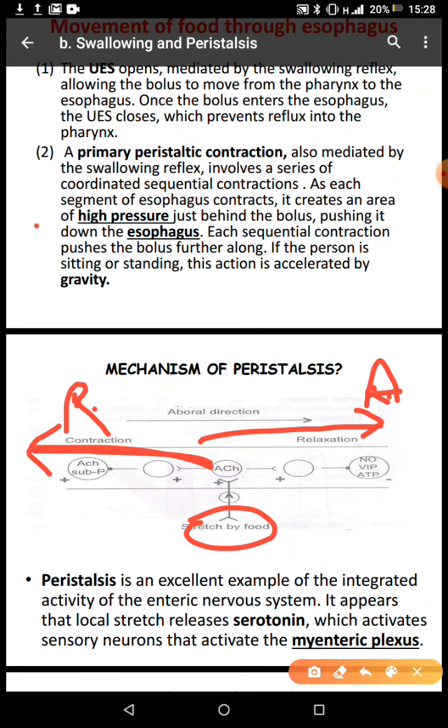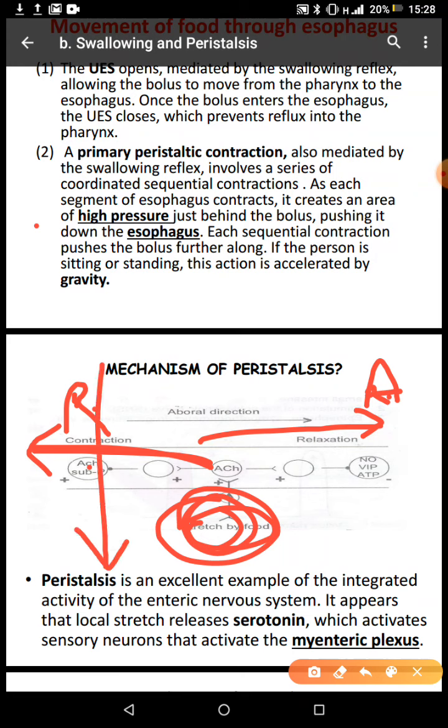So once the myenteric plexus has been activated, the retrograde neurons, remember your food is somewhere here, will release acetylcholine and substance P. These will cause smooth muscle contraction somewhere here. So there'll be high pressure here. But at the same time, the anterograde neurons will release nitric oxide, vasoactive intestinal peptide, and ATP.